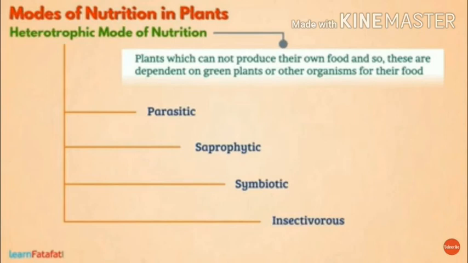For example, we also depend on plants for so many things like vegetables, pulses, cereals, oils, etc., and also on animals for meat, egg, flesh, and dairy products like milk, butter, etc. So we also come in the category of heterotrophs. I hope the difference between autotrophic and heterotrophic mode of nutrition is clear to you all.